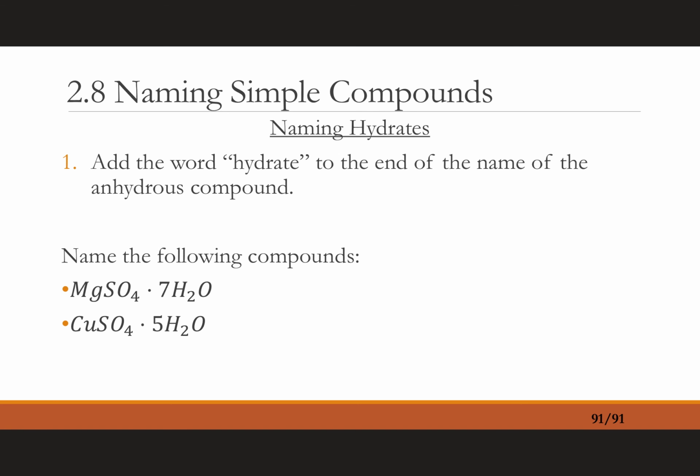Naming hydrates: add the word hydrate to the end of the name of the anhydrous compound. So if you ignore these, we have magnesium sulfate, and then we have copper, make that an O, not a U, copper 2 sulfate is technically its name. Then we add the word hydrate to the end of the name.